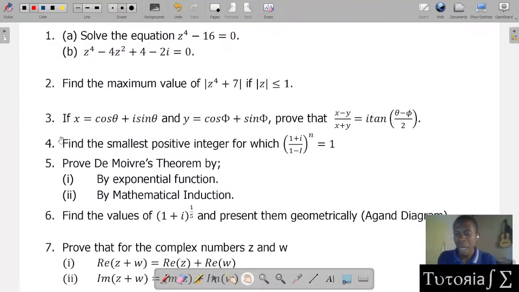Okay, we looked at how we can solve question 3 and question 4, and this is part 3. And in part 3, we are looking at question 5. Now, question 5 is very interesting because we are proving the Moivre's theorem by 1, the exponential function, and then secondly, by mathematical induction.